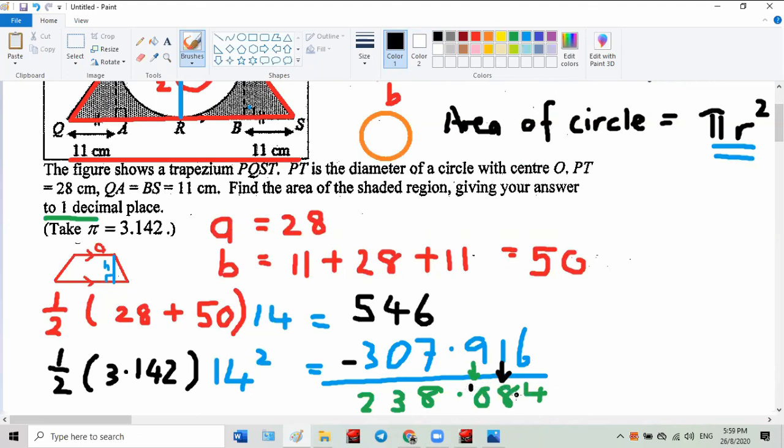Get it? Understand all? So what's the final answer? 238.1 cm squared. Understand?